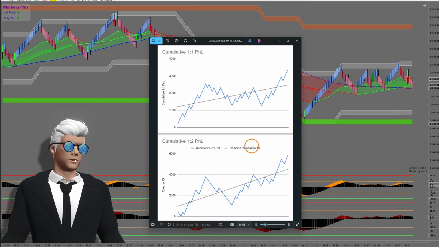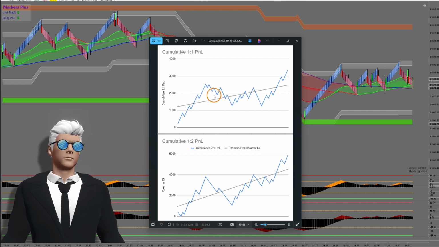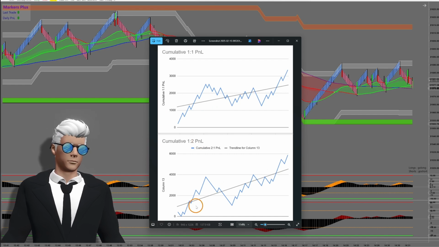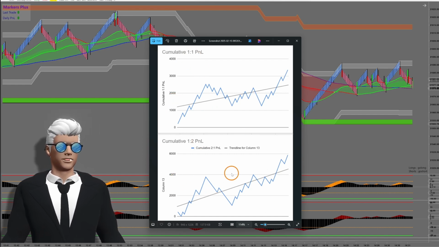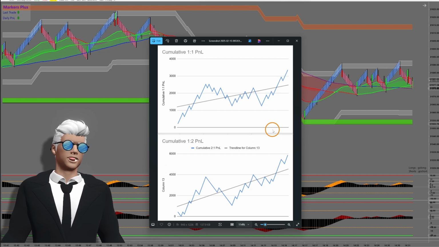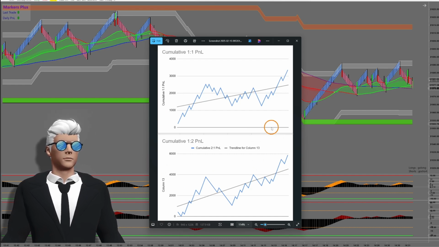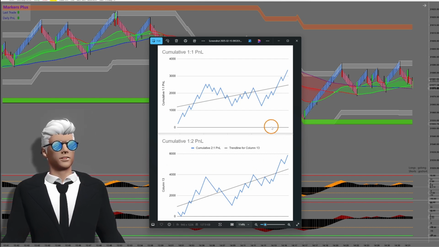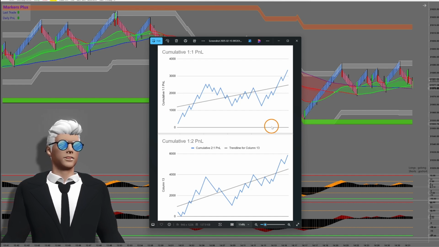It's not going to be perfect by any means, but there is some merit to this, not just on the 1-to-1, but also on the 2-to-1, and maybe you can fine tune and optimize. Don't over optimize, but definitely optimize to what suits you best. Maybe there's a particular scalping strategy that could come from this.